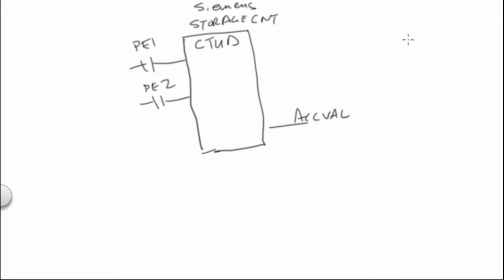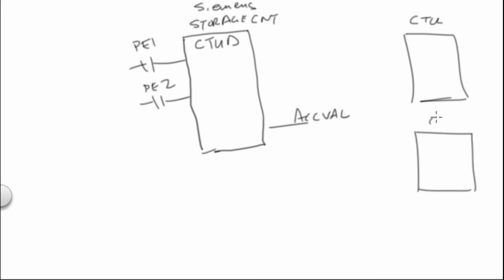If I had an Allen Bradley, I would have a CTU and I would have a CTD, both with the same name, storage count.